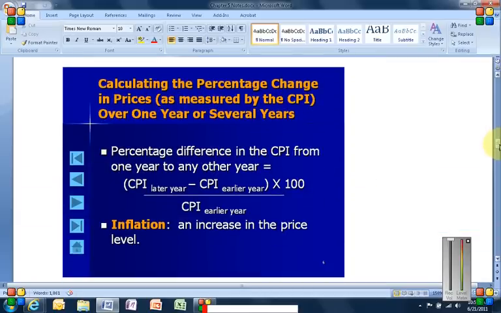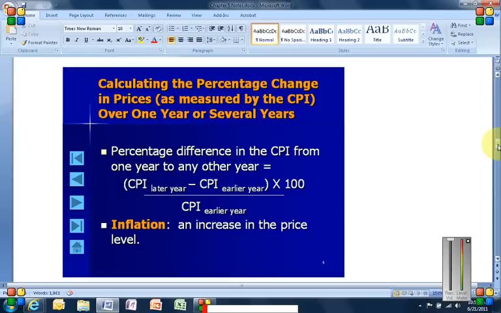So, how could we use information like the figures that you've seen historically to judge how life is changing with regards to prices? Well, there's a very simple calculation that we would do, one of which at least, that judges the percentage change from one year to another, or perhaps over a range of years, which is the same calculation you use to judge a percentage increase or decrease in anything.